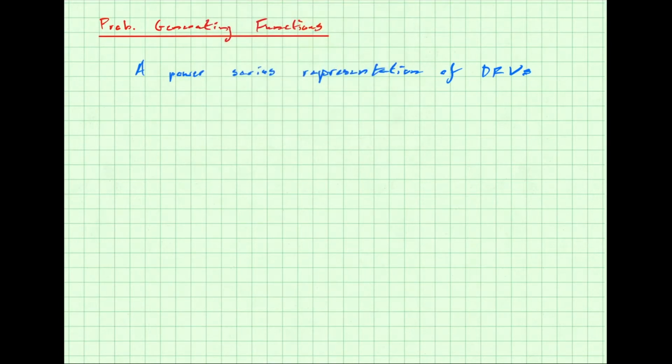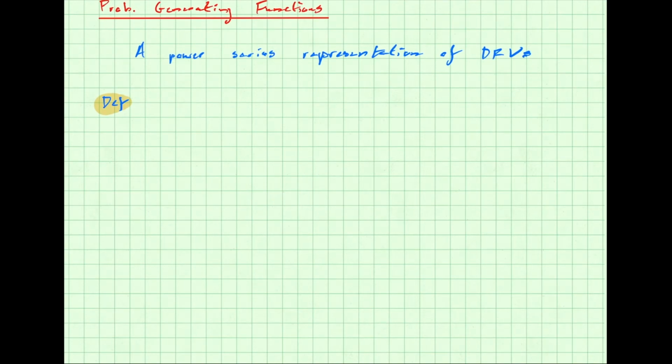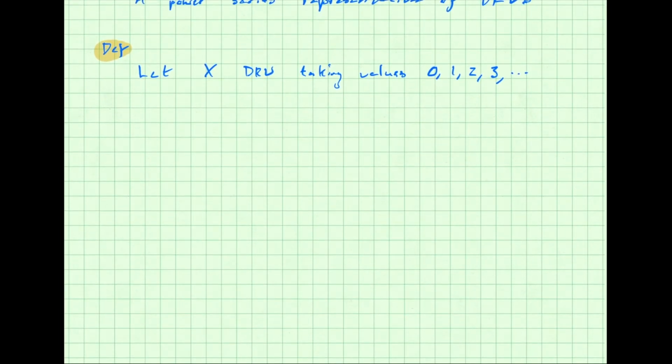We're going to go straight into the definition. Suppose you have a discrete random variable X, and it has to take on certain values: 0, 1, 2, 3, and so on. You could remap a discrete random variable so that it takes on those values, so you can imagine using this for any discrete random variable.